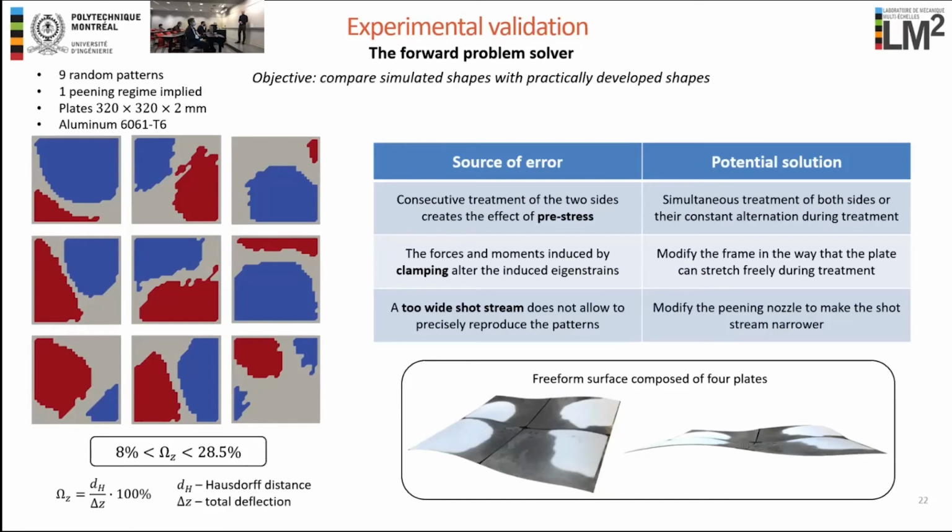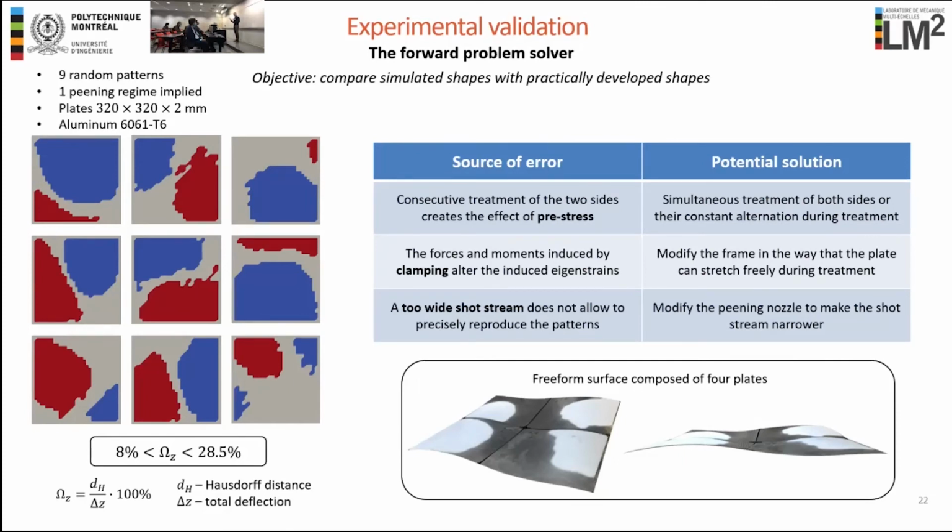So the first source of error is what we call the effect of pre-stress. So in fact, when we were treating these plates, the pattern was first completely reproduced from one side, then the panel was turned, and the pattern was completely reproduced from another side.